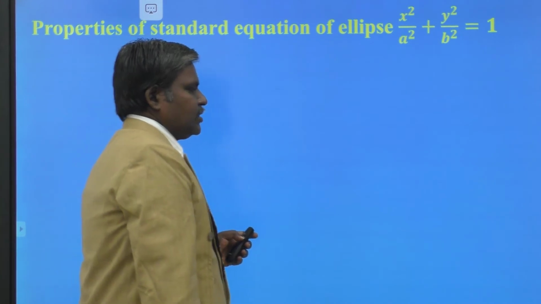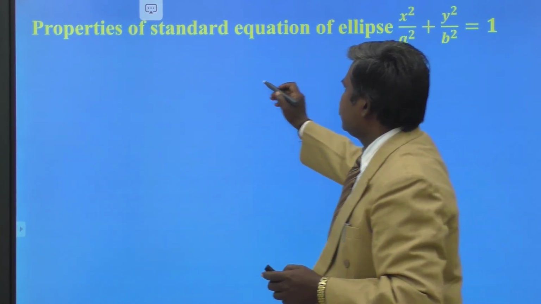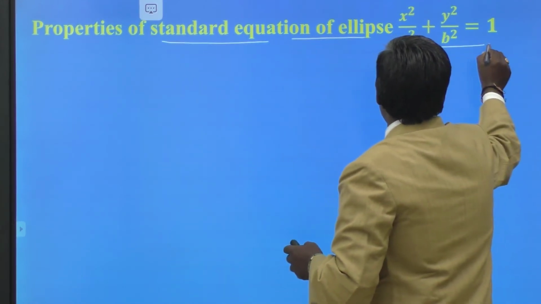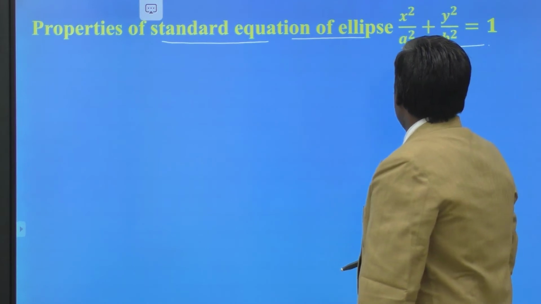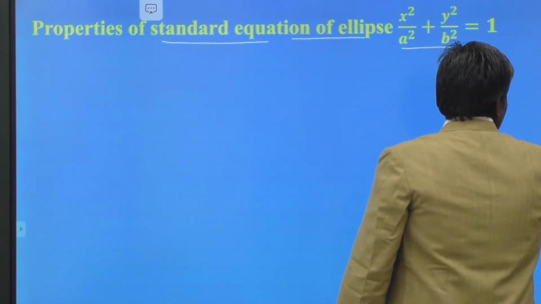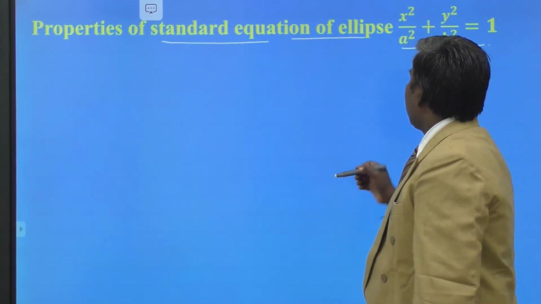Now, let us see the properties of the standard equation of ellipse one by one. Properties of the standard equation of ellipse: x square by A square plus y square by B square is equal to 1. We know the diagram also.